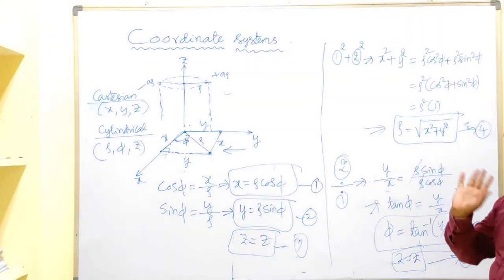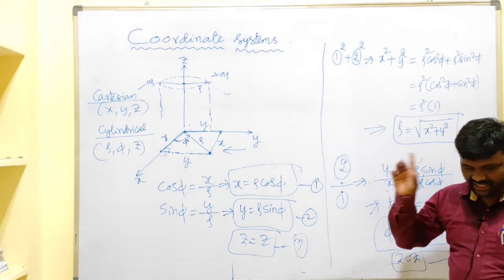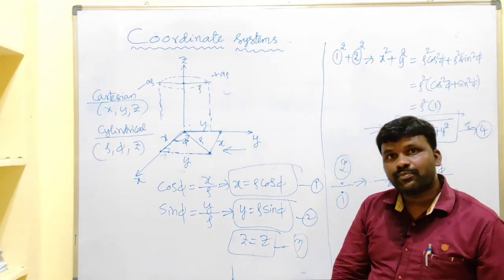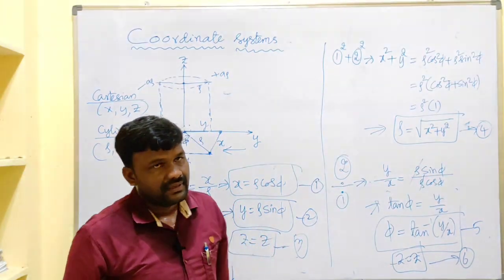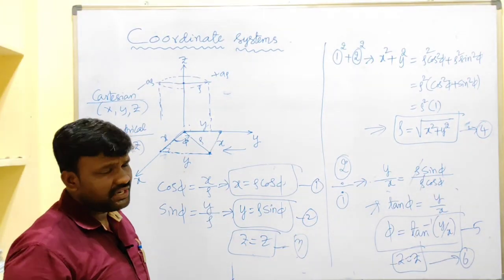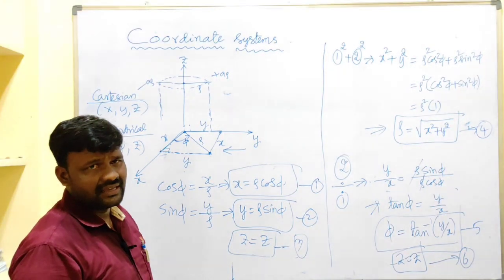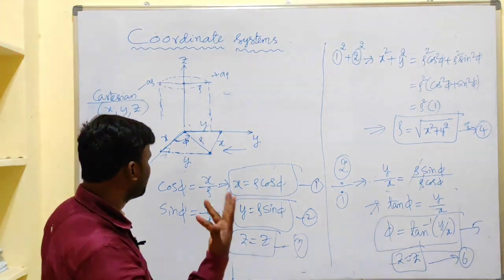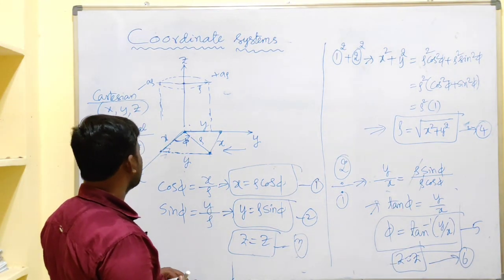This is all about the relationship between the Cartesian and cylindrical elements. Now my question is, is it possible to represent these Cartesian elements in terms of spherical elements? Of course, we can represent these Cartesian elements in terms of the spherical elements also.